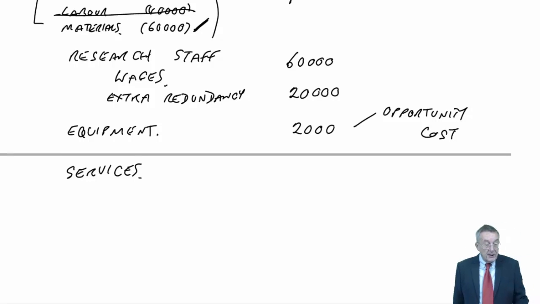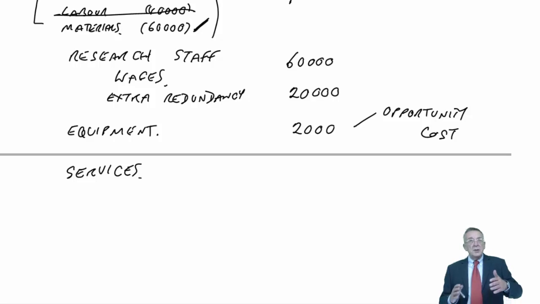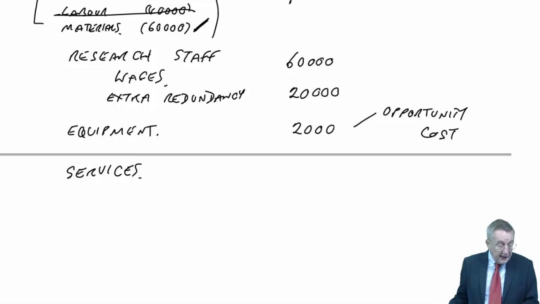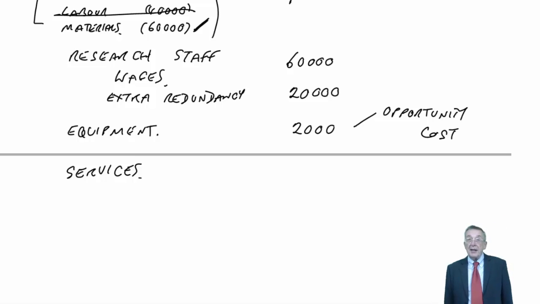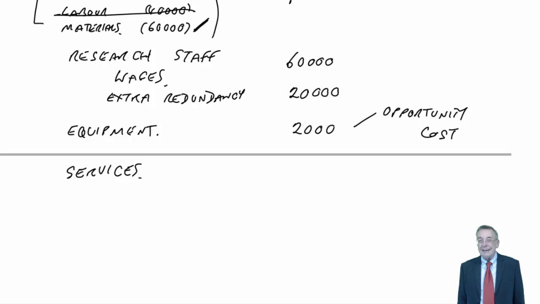Immediately the project is discontinued, the space occupied by the project could be sublet for an annual rental of 7,000. And so as soon as we stop the project, we'll let it out and we'll earn 7,000 a year.